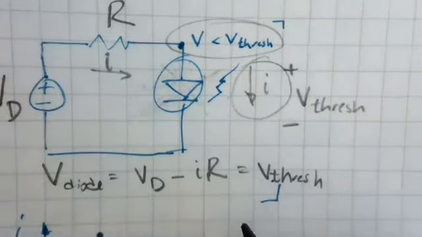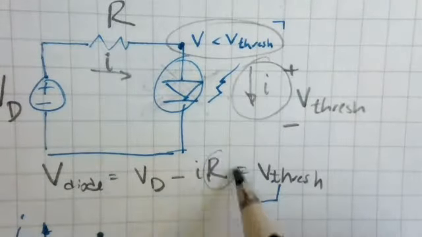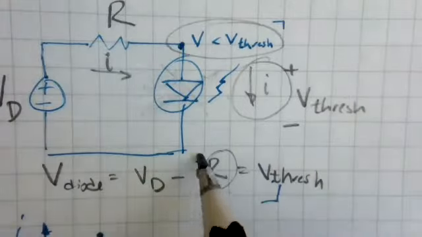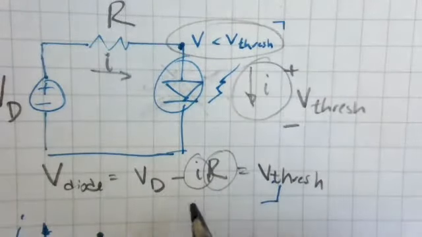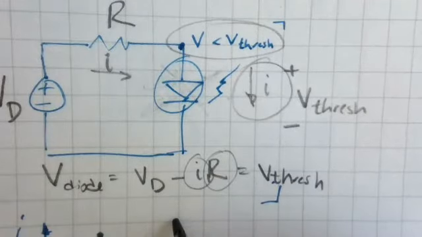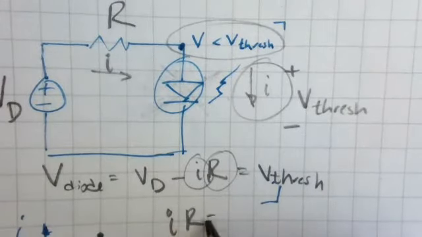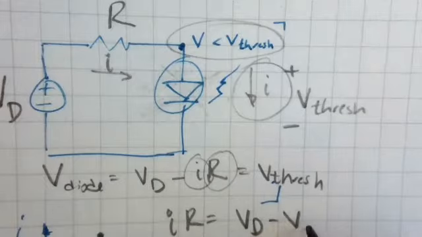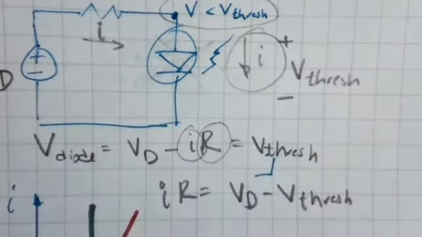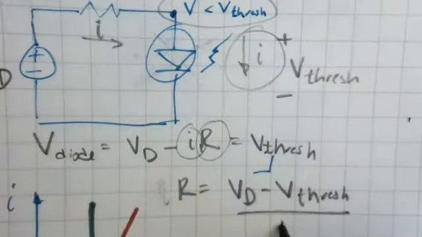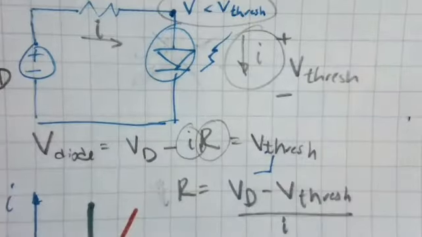And so that is how you should calculate the value of R so that you limit your I. So you can rewrite this formula: IR equals VD minus V thresh, or R equals this divided by our current I.